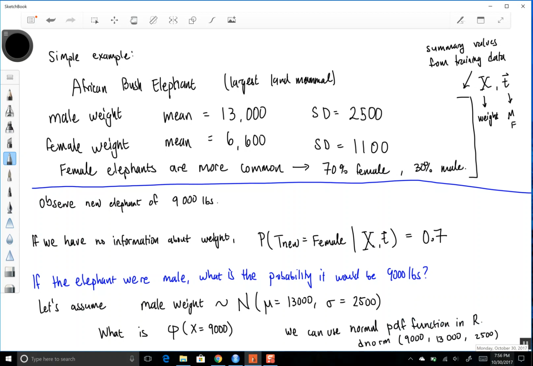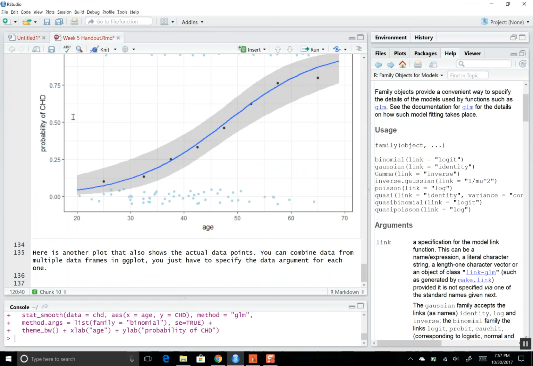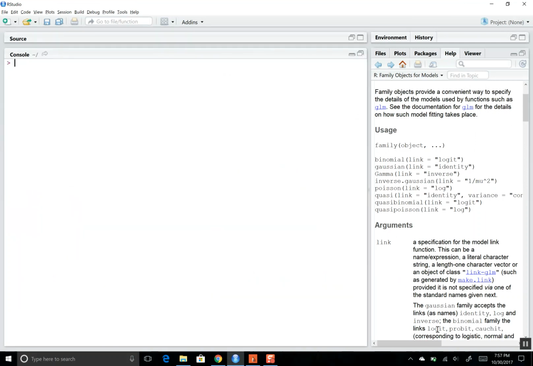Is that okay? So that is, if the elephant were male, what's the probability it would be 9,000 pounds? Well, this is a density, but it's fine.